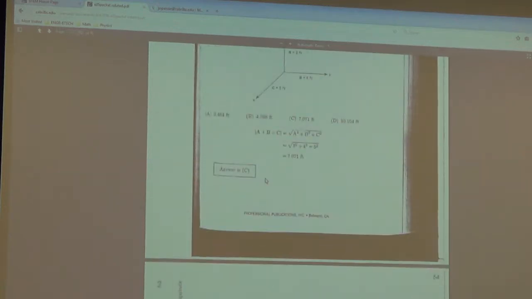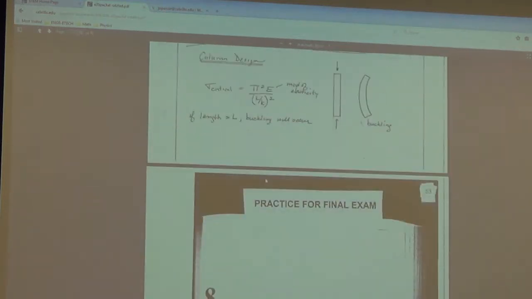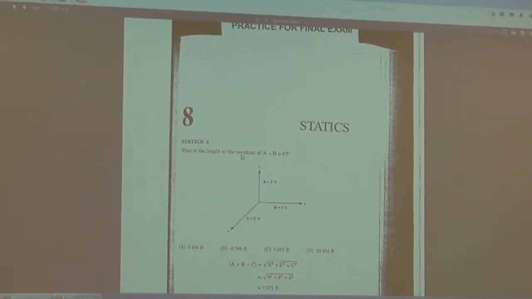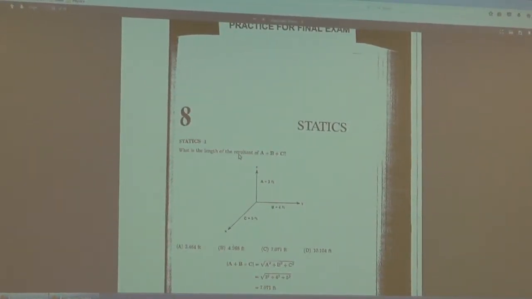If you want more practice, there are FE exams and solution exams in the library that you can look at too. I pulled the final exam. I'm probably going to tweak it, but I'm pulling problems from past FE exams.